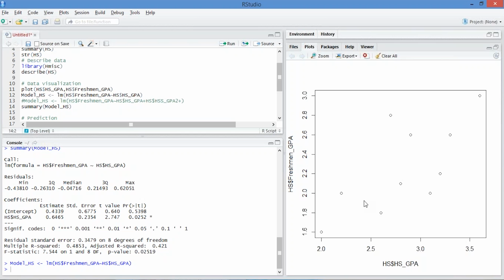We can also write the equation as model, freshman GPA tilde dot.